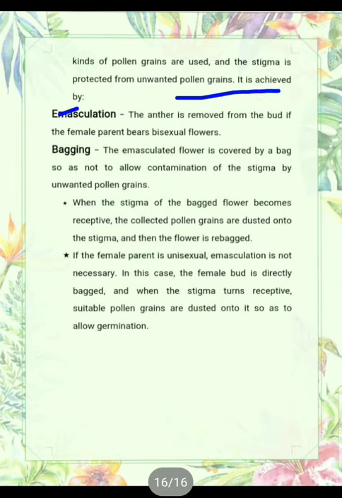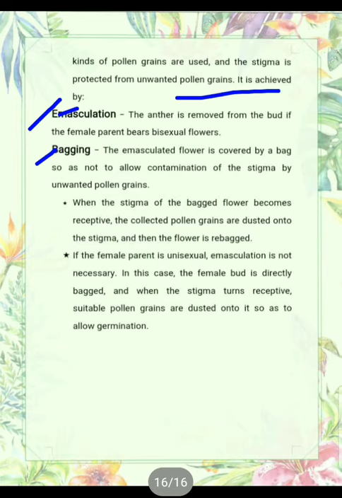What is the meaning of that? We dust the right type of pollen grain, which we require, on the stigma, so that unwanted pollen grain doesn't land on the stigma. In this case, two processes are mainly used, emasculation and bagging.